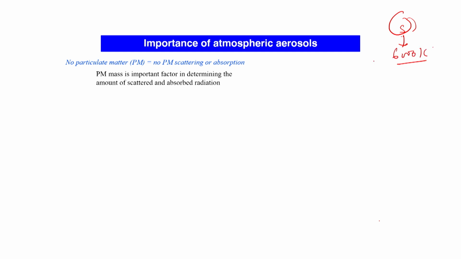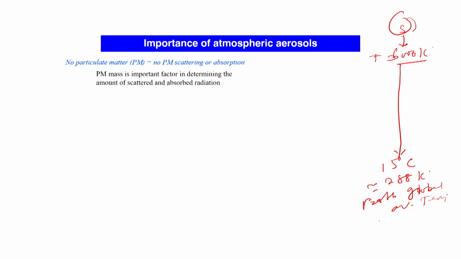The temperature of the outer shell of the sun is 6000 Kelvin, and by the time it reaches the earth, the temperature is about 15 degrees centigrade, or 288 Kelvin. This is the earth's global average temperature.